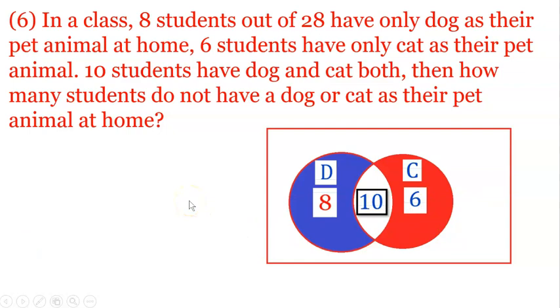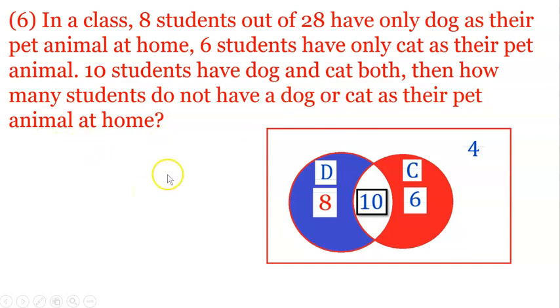Okay, that is 10 plus 8, 18 plus 6, then you will get 24. Total number of the student किती आहेत तर 28 आहेत. 28 मधनं 24 गेले तर किती येणार तर 4. There are the 4 students who do not have dog or cat as their pet animal at home.